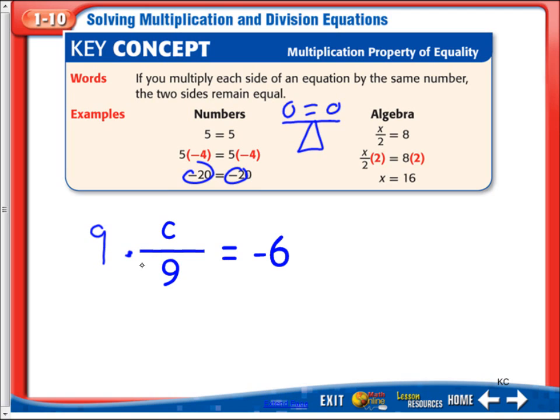All right, if I multiply by 9, and this is how I'd like you to show the work, okay? If we have a division bar like this, right to the left of it, so if you're writing it in your notebook, you want to give yourself some room. So let's say this is number 13. We want to write 13, but then you want to move over a little bit and write C divided by 9 equals negative 6.